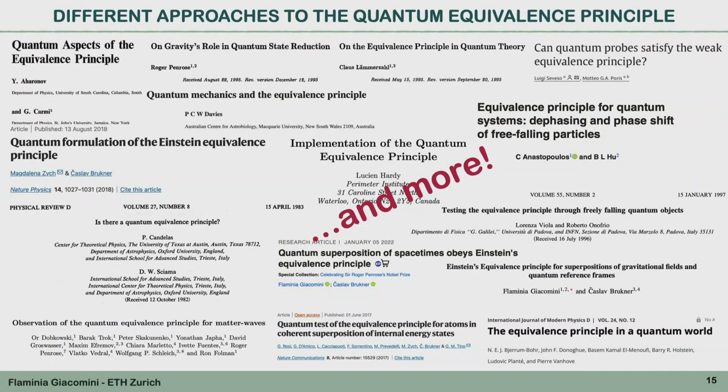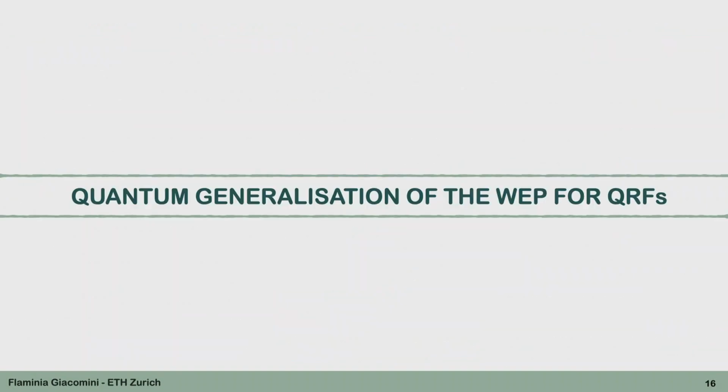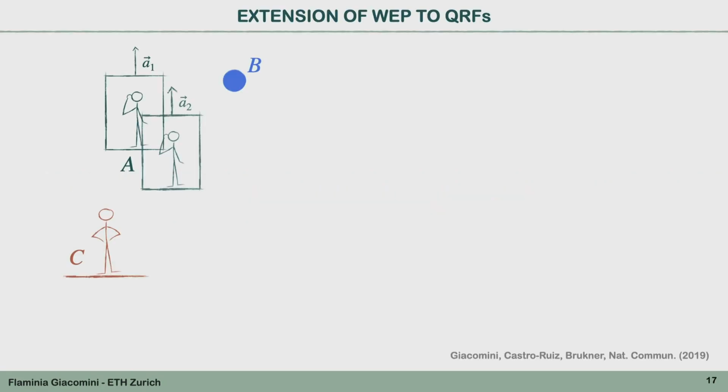So you should be careful when you read quantum equivalence principle, because people mean different things. We're going to see just one approach, and in particular, one that is related to quantum reference frames, because this is what we are looking at in these lectures. The easiest situation that we can consider is for the weak equivalence principle.